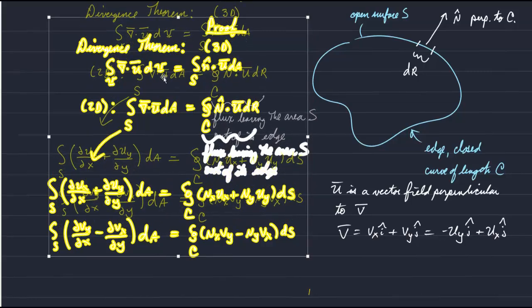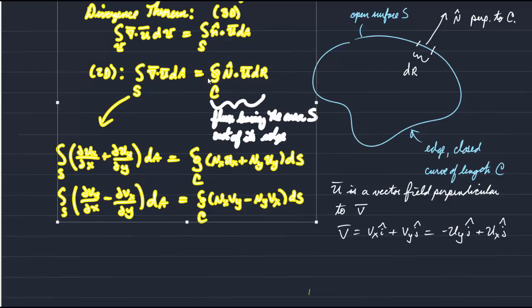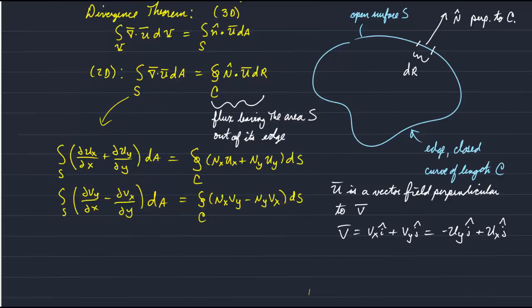Let me raise this to give me a little bit more room here. Okay, so if we look at the left-hand side, what you'll notice is that I've drawn my arbitrary surface in the xy plane, and so that's why I can define these components of the vectors the way I have.